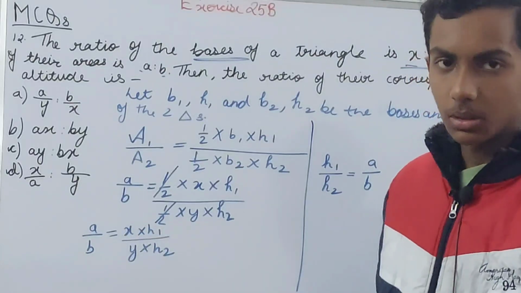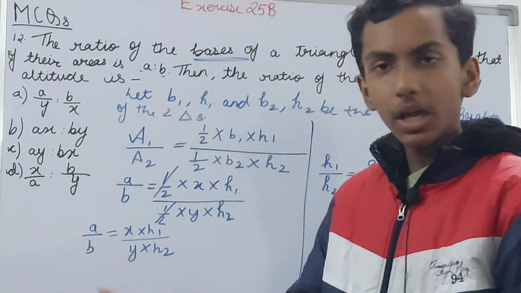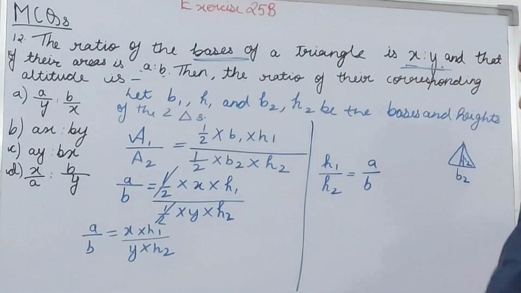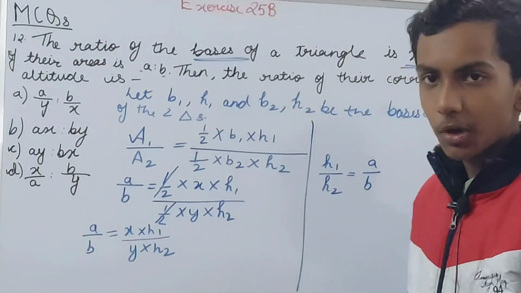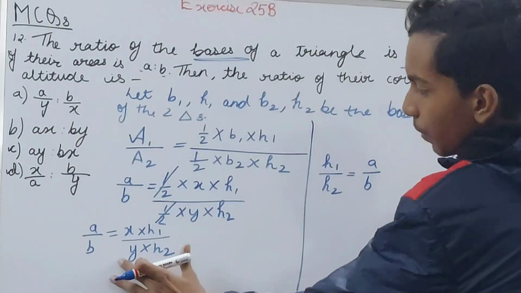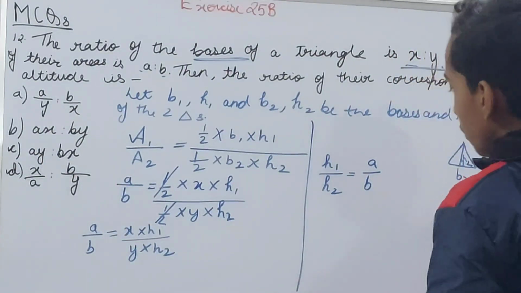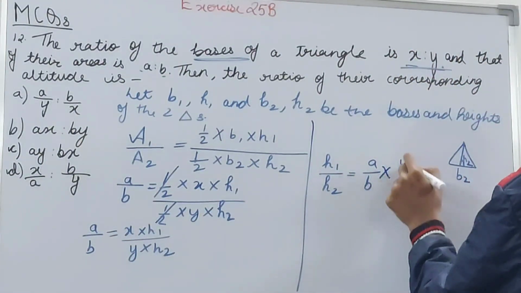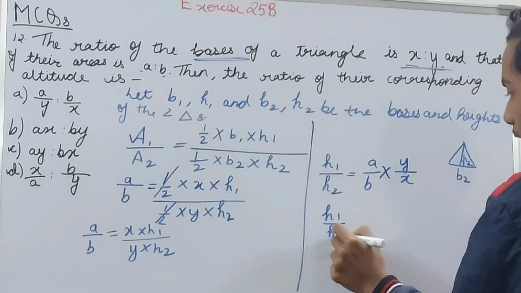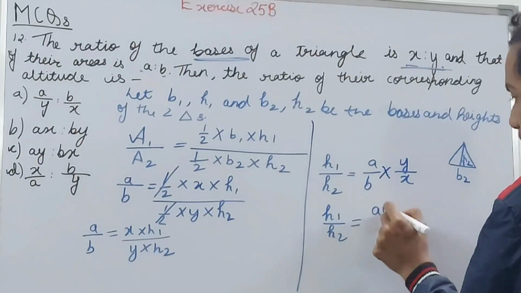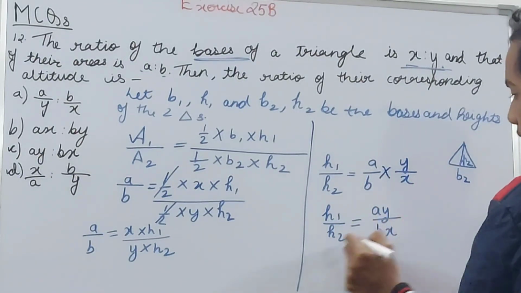Now where will this go? x y will go to a by b. So we will have a by b into x upon y, or into y upon x, it will reciprocate. So y will go in the numerator, x will come in the denominator. So into y by x, h1 upon h2 is what? ay upon bx.